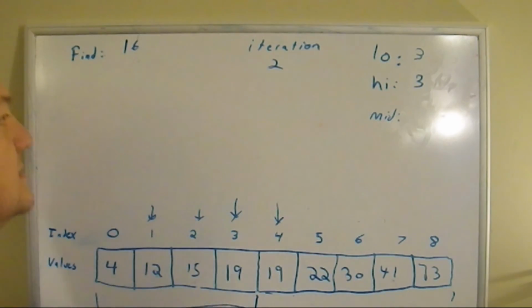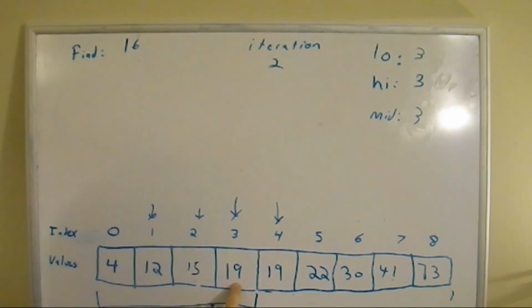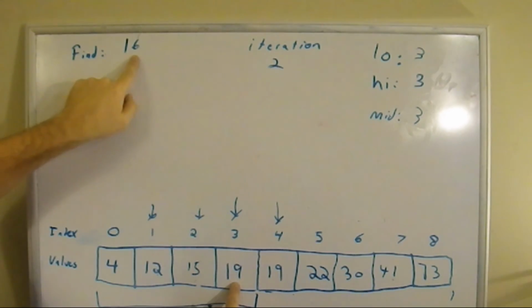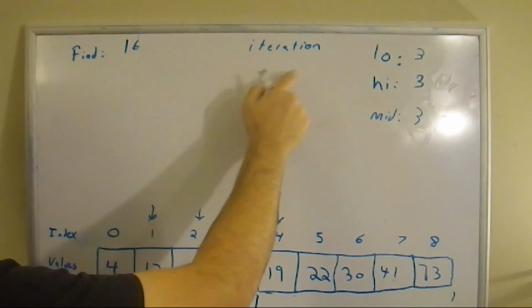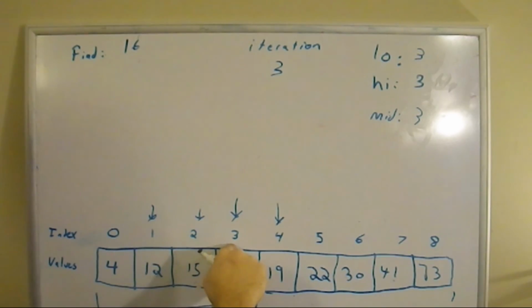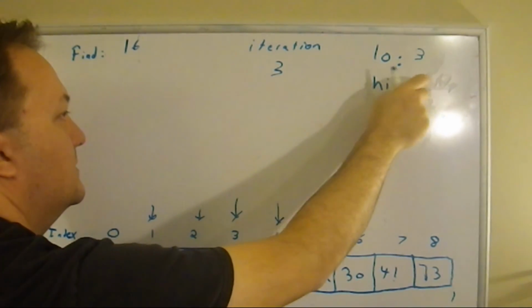My low is 3, my high is 3, my midpoint is now 3. Does 19 equal 16? This is my third iteration. No, it doesn't. Is it higher or lower? It's lower, so we're going to set our high point down 1.